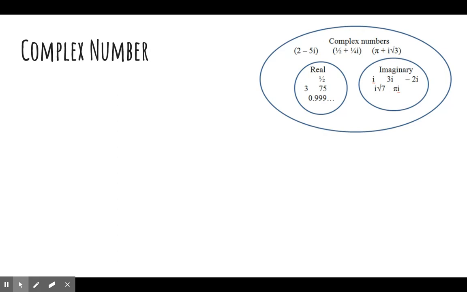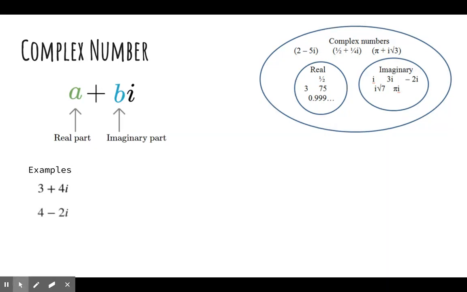Now let's look at complex numbers. Complex numbers are of the form a plus bi, where the a is the real part of the complex number and the bi is the imaginary part. Let's look at some examples. An example of a complex number written in the correct form: 3 plus 4i. 3 is the real and 4i is the imaginary. 4 minus 2i is also a complex number written in correct form.